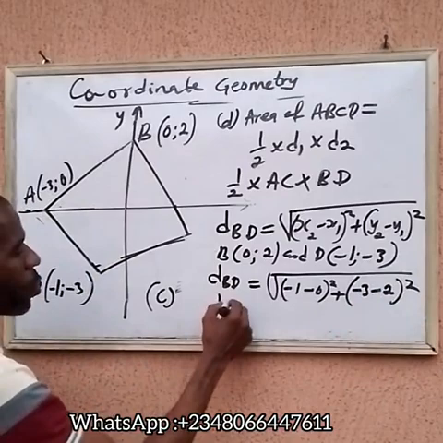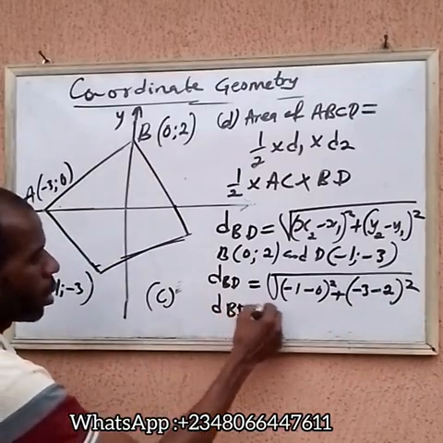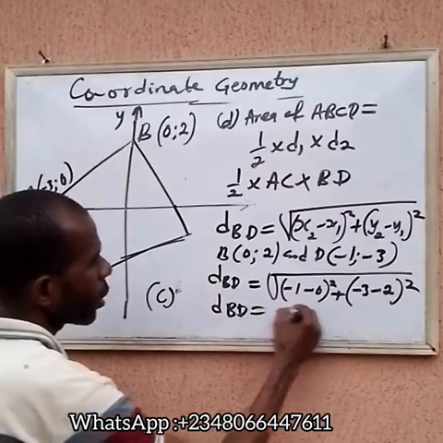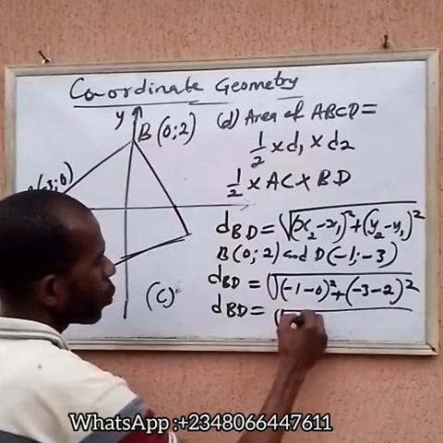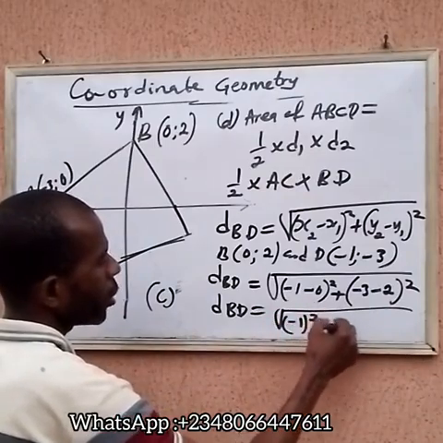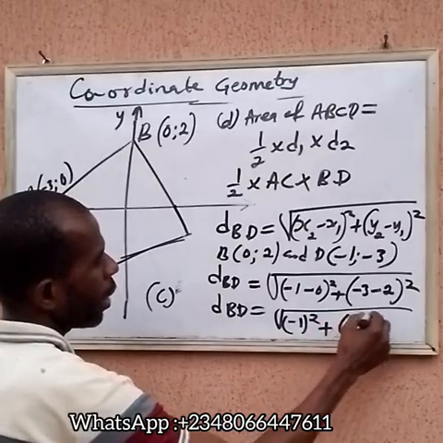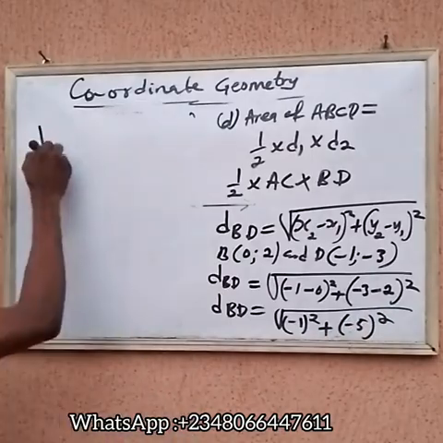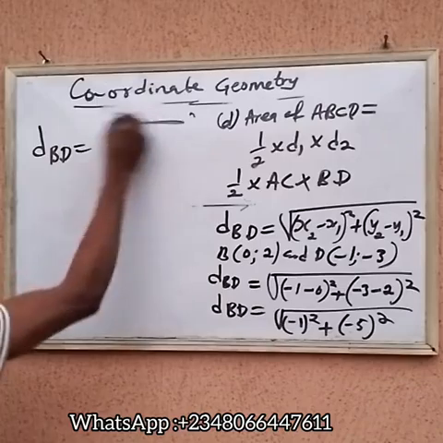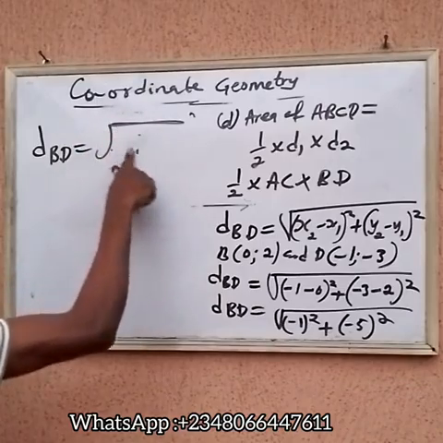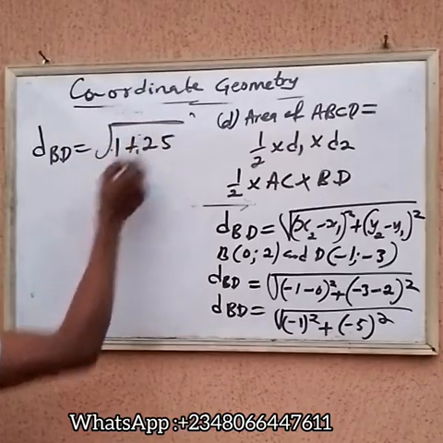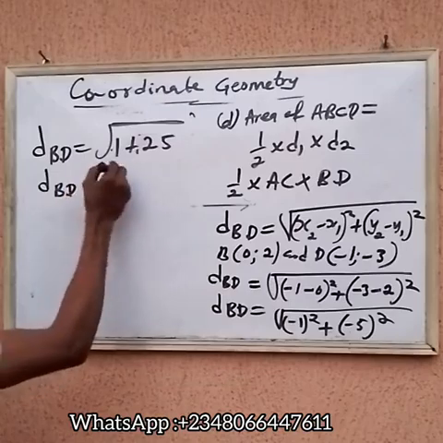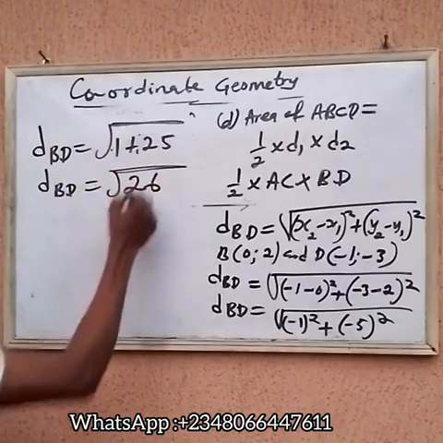Negative 1 all squared plus negative 5 all squared. So BD becomes the square root of 1 plus 25, which is equal to the square root of 26.